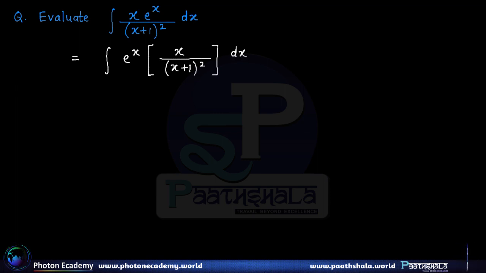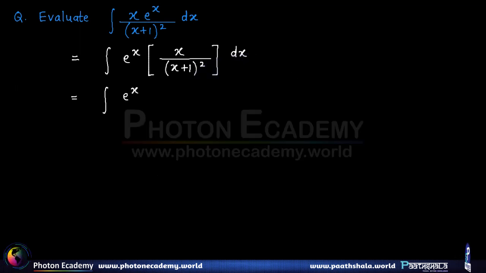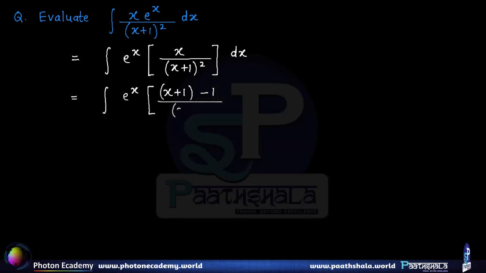Alright. Now here we use a little trick, that is, we observe that in the denominator we have x plus 1 squared, and in the numerator we have just x. So what is missing? It is 1, isn't it? So therefore we add and subtract 1 in the numerator, writing the denominator as it is, that is x plus 1 the whole square.